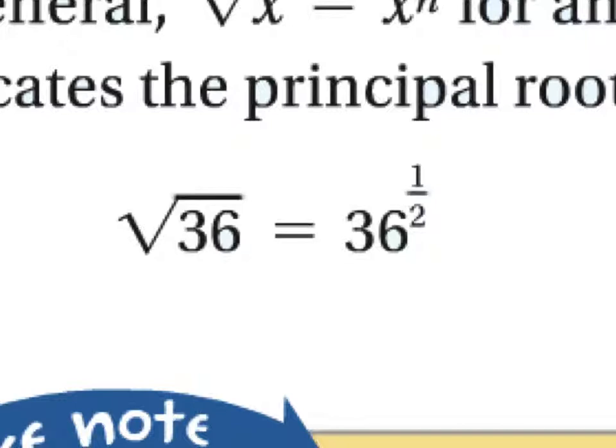If I have the square root of 36, I can rewrite that as 36 to the 1/2 power. Notice the index of a square root is 2, and notice that the index goes into the denominator of the fraction exponent.